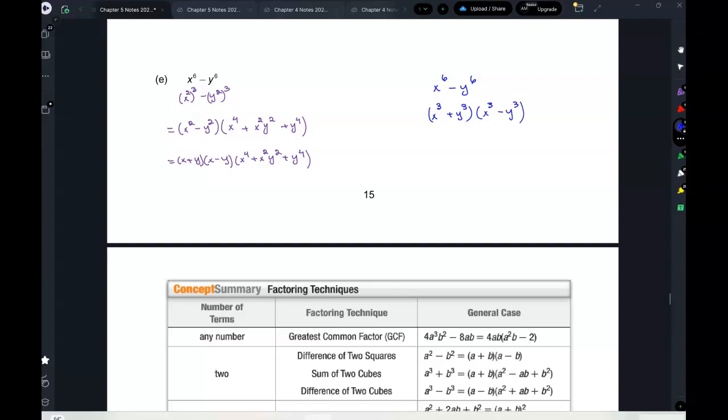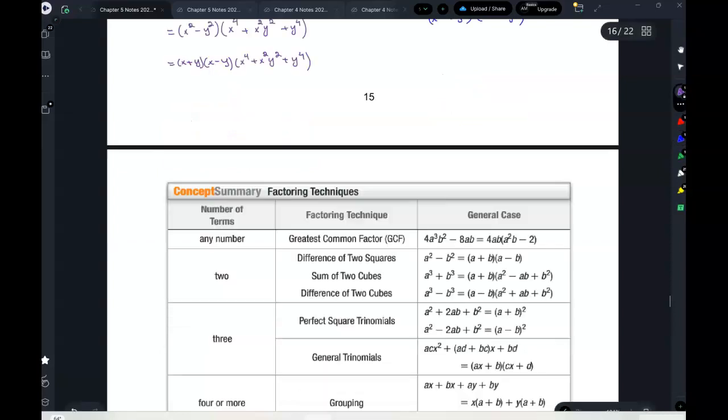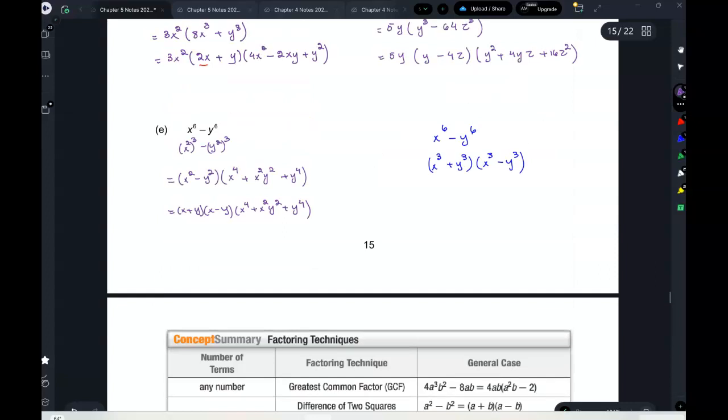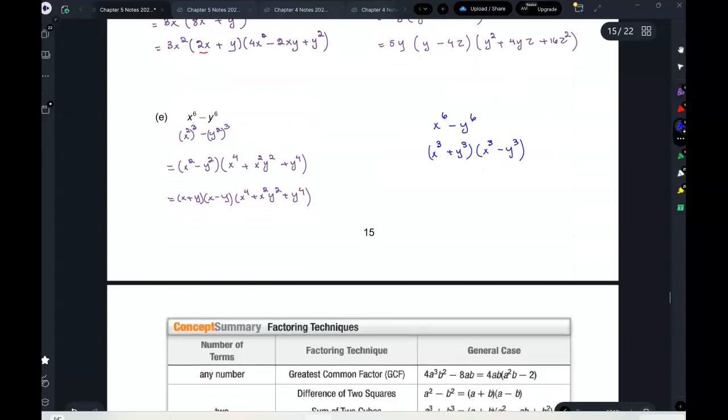Is that right? But now you can further factor each of these in the cubes. Okay? All right. Why don't we continue with this and see where that takes us. So how do you factor the first one? x plus y, x squared minus xy plus y squared.